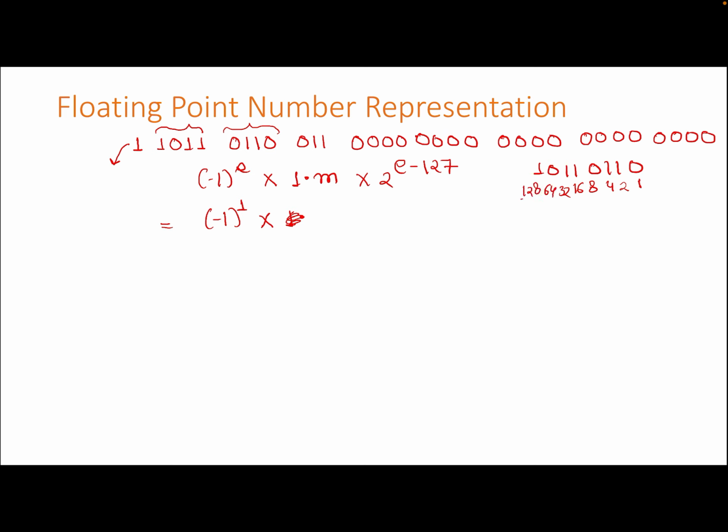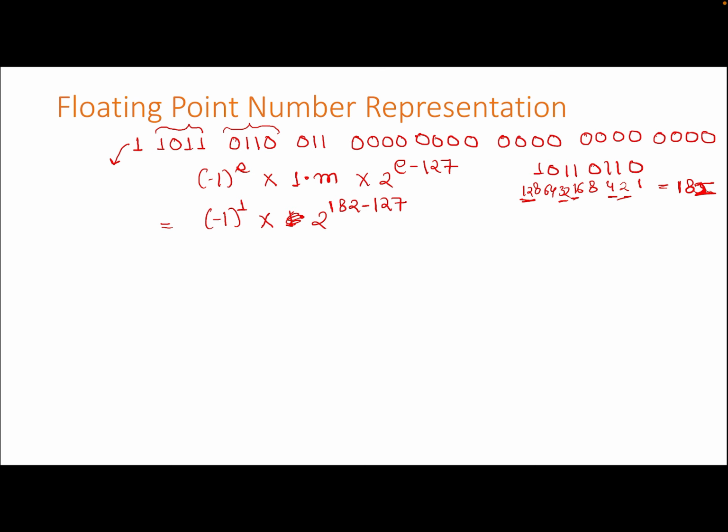I add 128, 32, 16, 4 and 2, which is equal to 182. So the exponent part is 182, and we compute 182 minus 127.